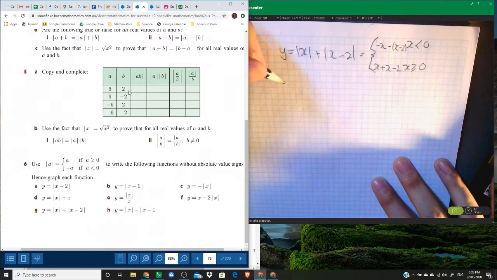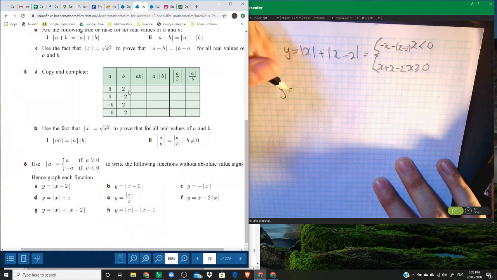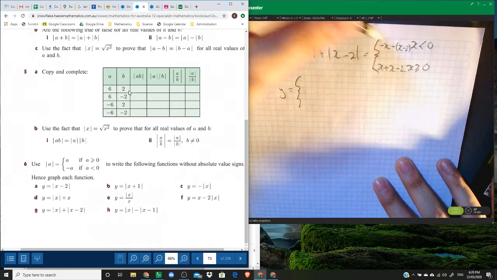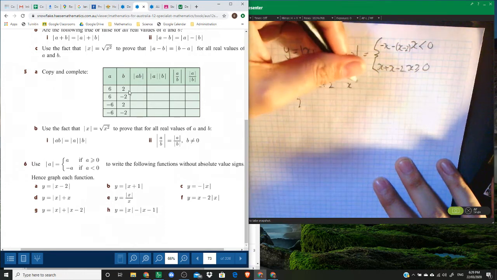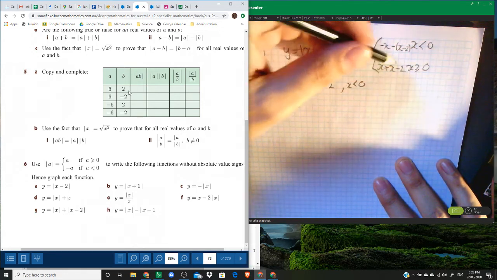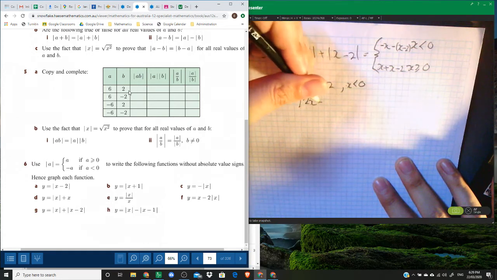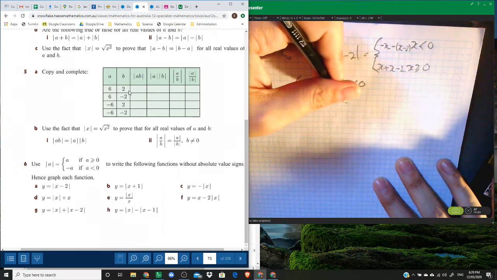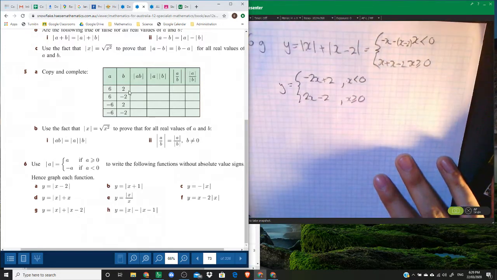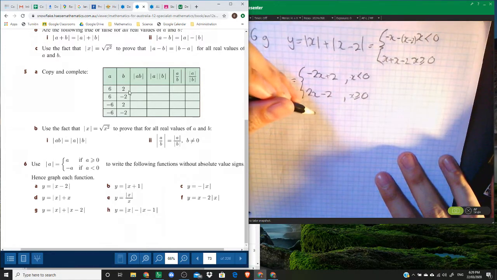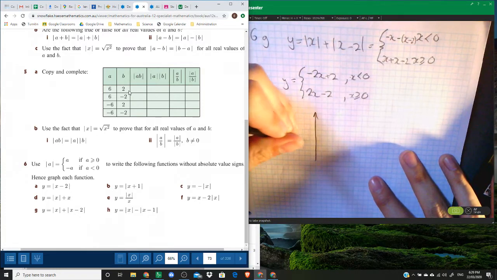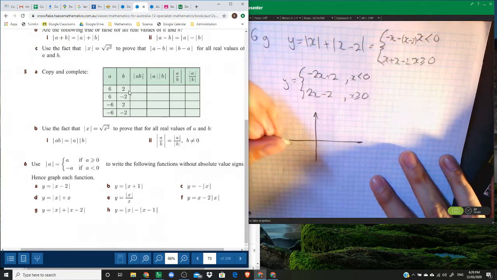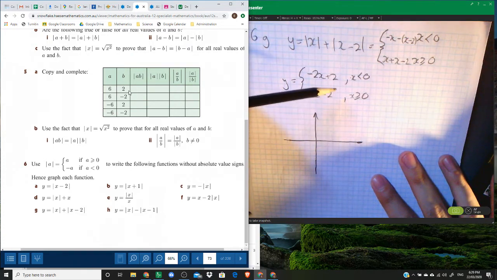All right, so expressing it again, y can be expressed as equal to minus 2x plus 2 for the negative values, and then 2x minus 2 for the positive values, or 0. So what does that look like? Well, let's take a look. Oh boy, I think I need more negative space. This seems to be a bit disjointed. I'm a little bit worried.